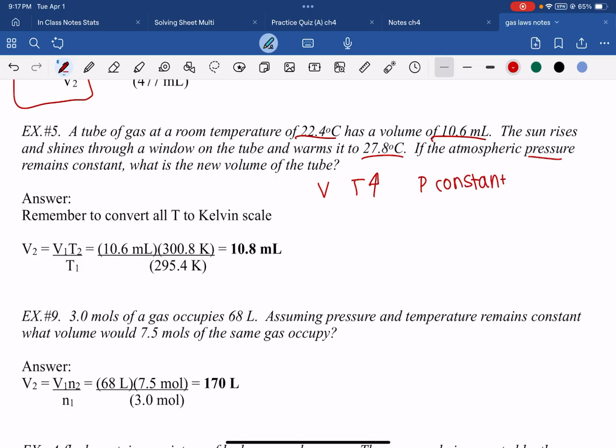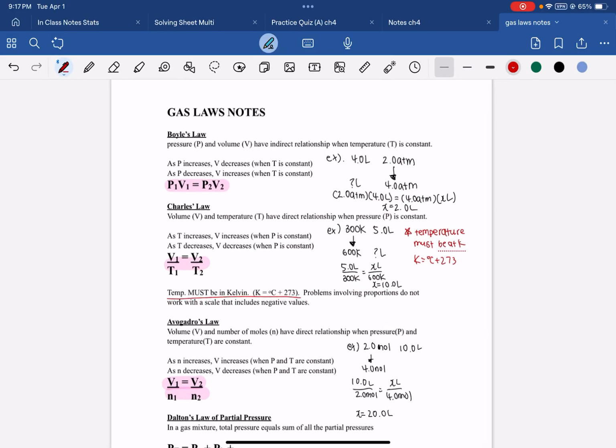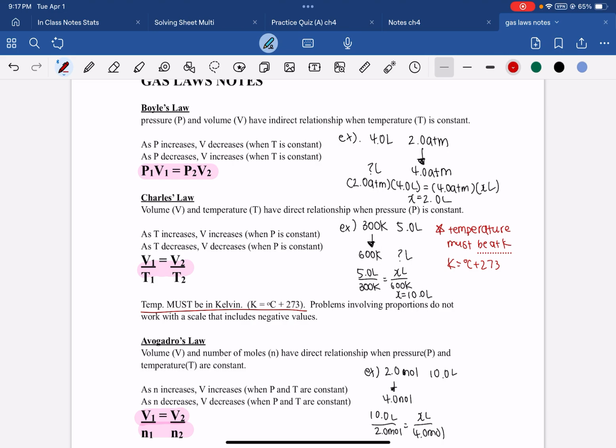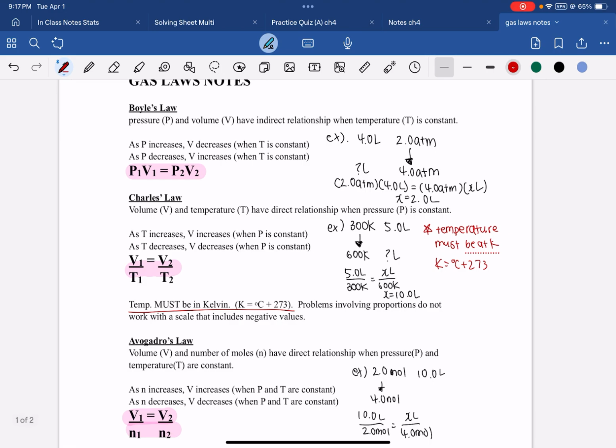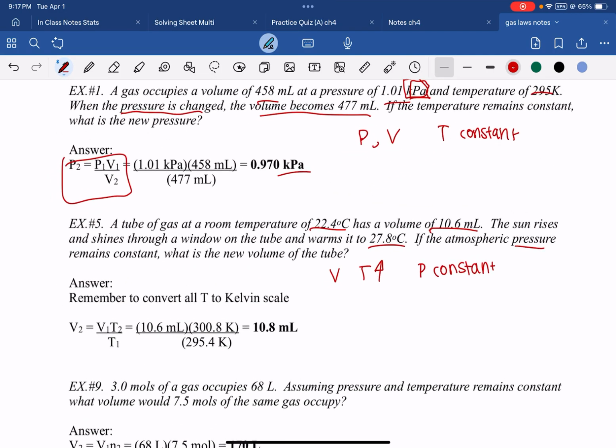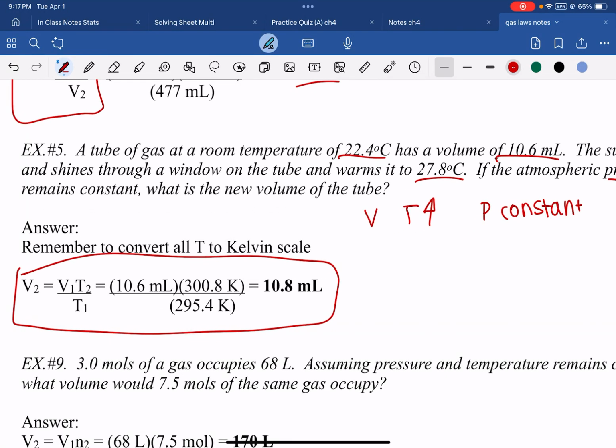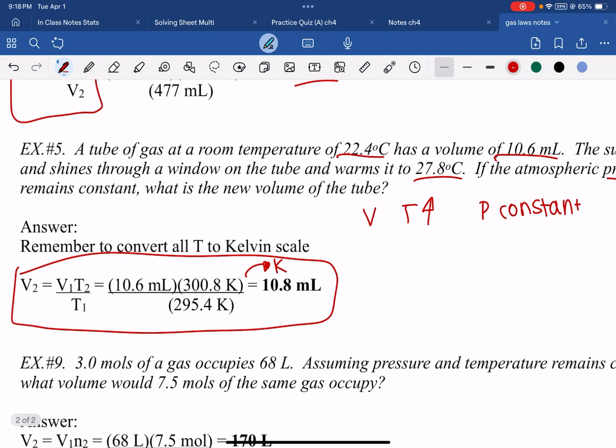So this question talks about Charles' law, because it talks about the relationship between volume and temperature. So again, you're just going to plug in all of the numbers here, and you need to make sure the temperature is in Kelvin, by the way, for Charles' law.